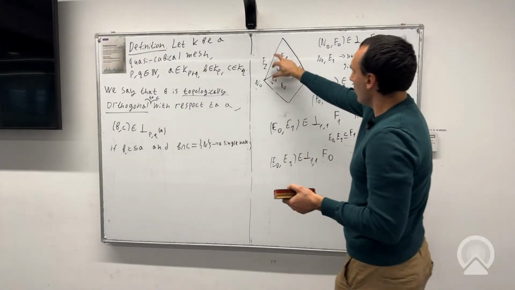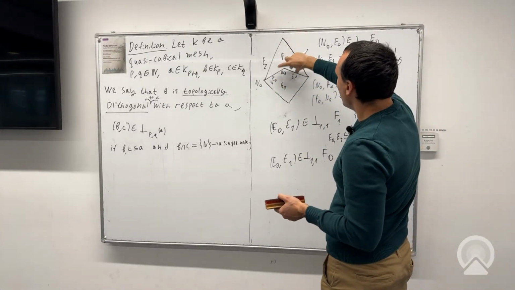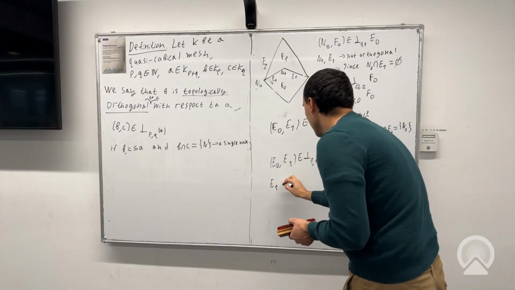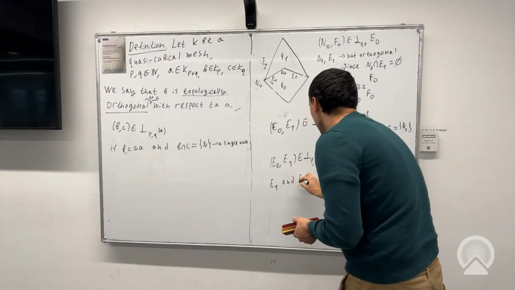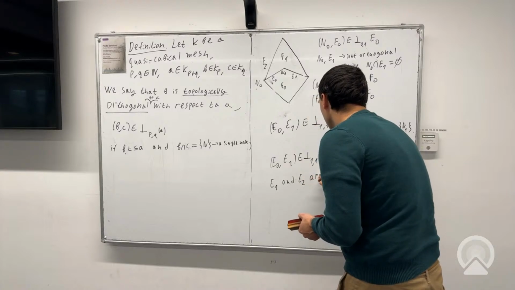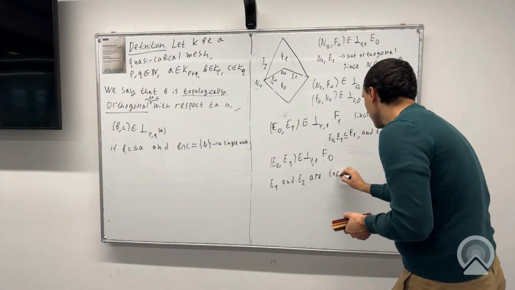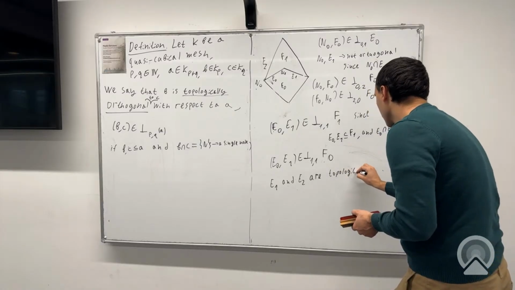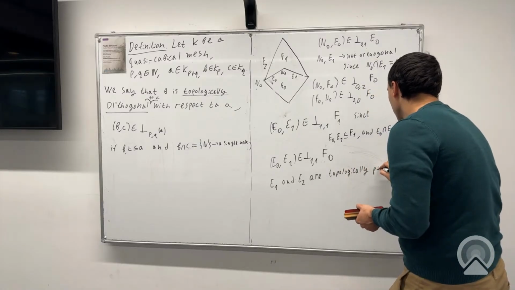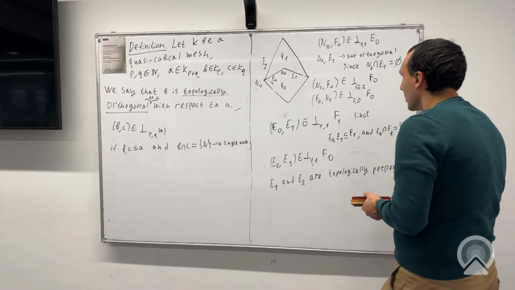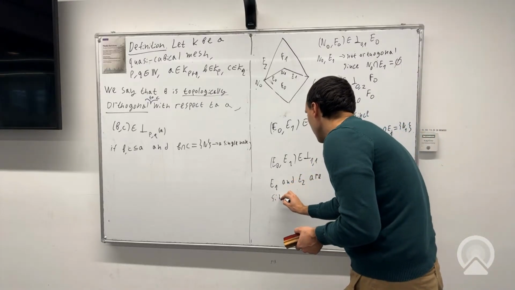Now, E1 and E2 are not topologically perpendicular, since they have empty intersection.